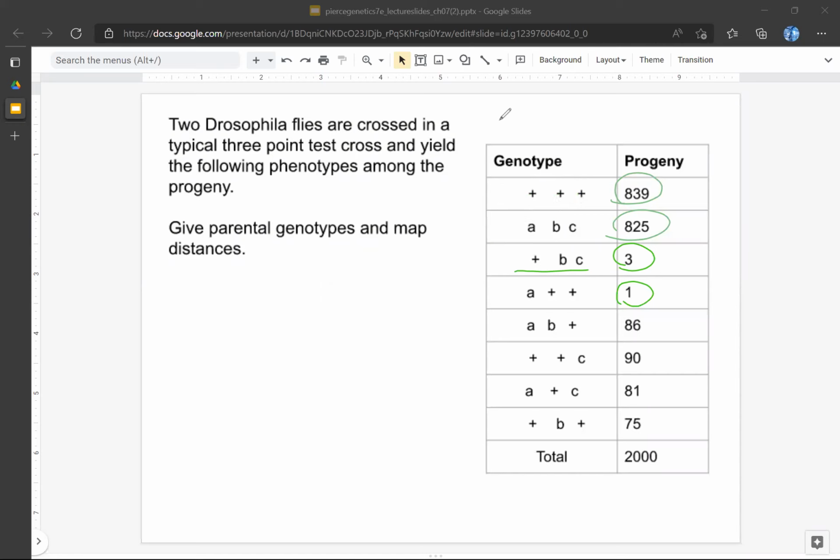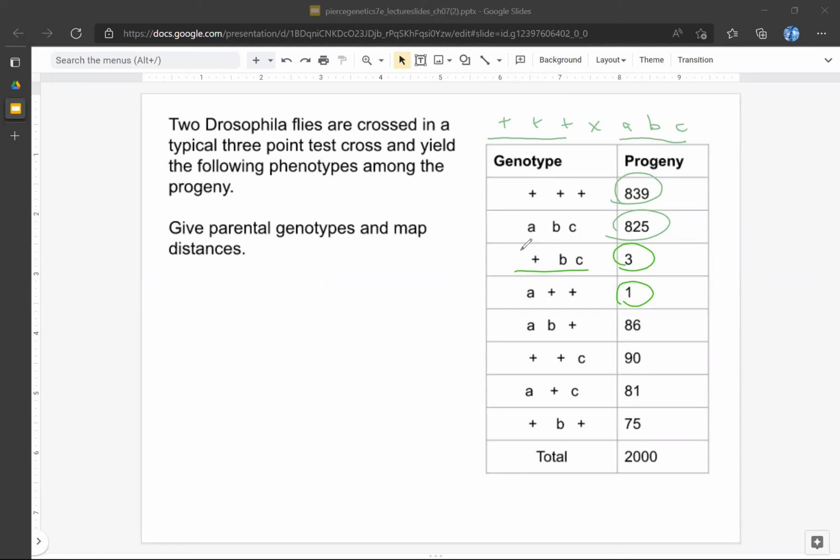It's always helpful to rewrite the parental genotypes. So we have one that is plus, plus, plus. Then we have another that is A, B, C. And how can we determine which one is in the middle?